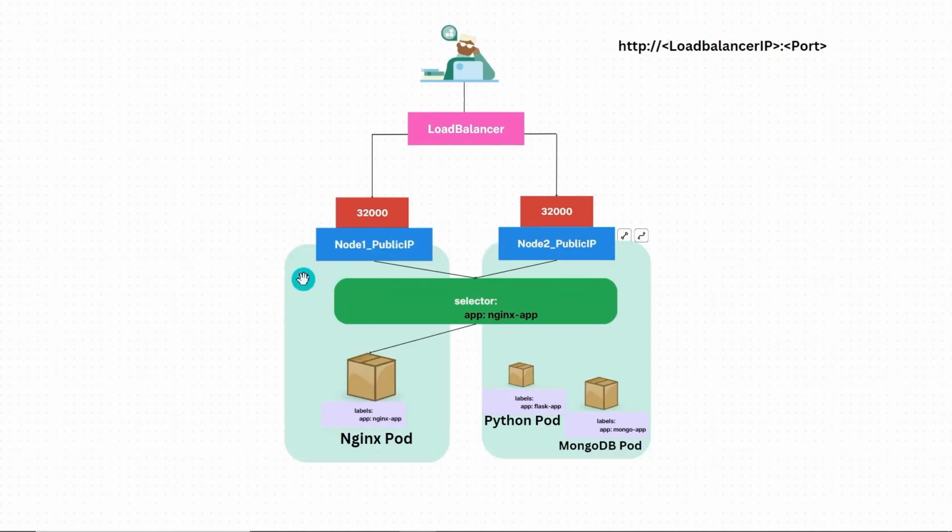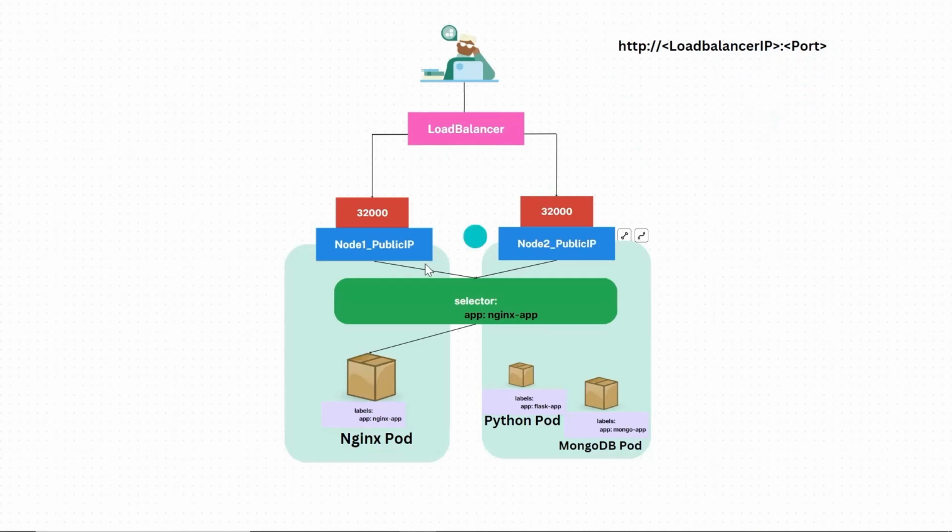If you remember, while we were talking about the node port service, we had to access the application using the node IP address as well as the node port. But when it comes to the load balancer, when you create a load balancer, there will be a static IP address assigned to it, and you can use that load balancer IP address along with the port that you specify in the manifest file to access the application.